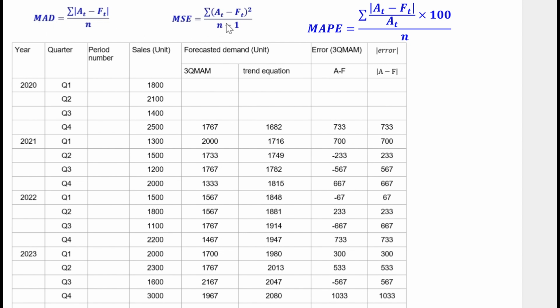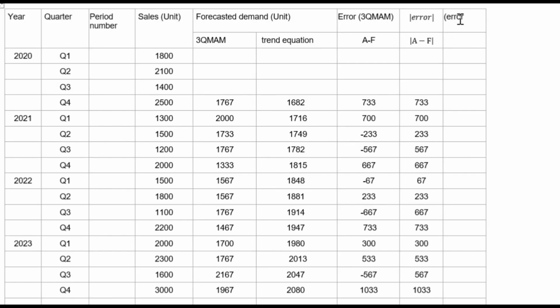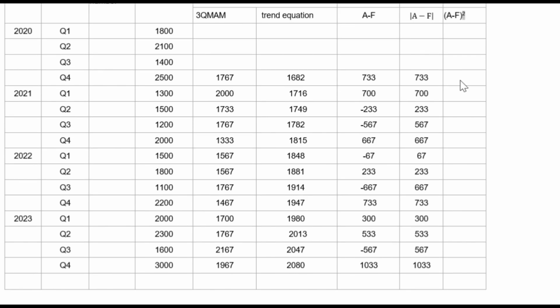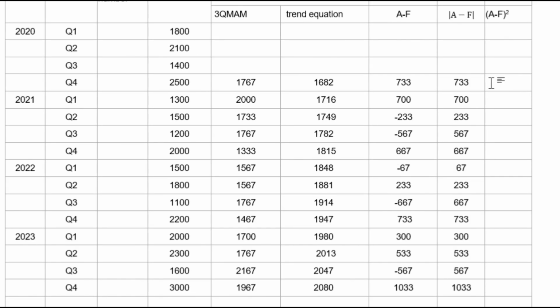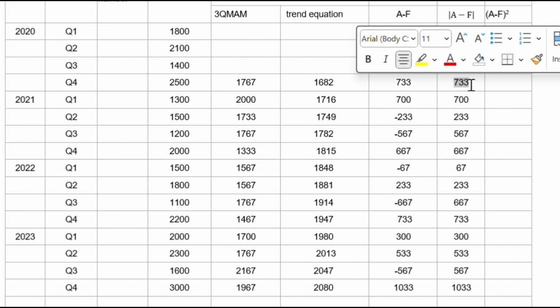To calculate the MSE, we have to calculate the square of the error, or A minus F to the power 2. So I will add a column here to calculate the error square, the error to the power 2. Of course, we will do this for each period. For the fourth quarter of 2020, the error is 733.